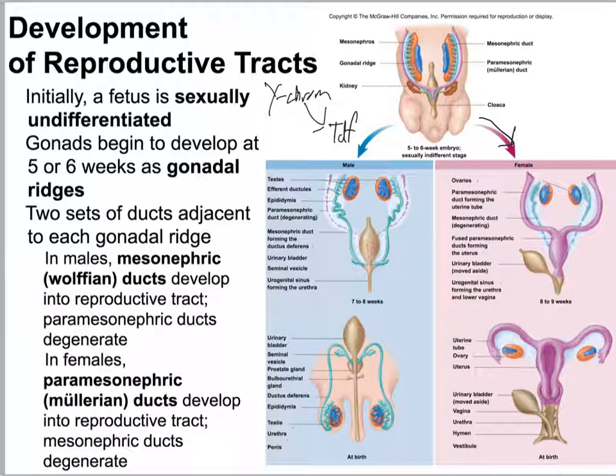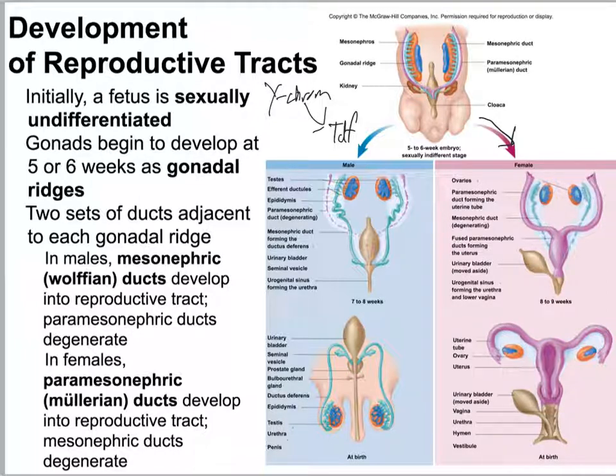But if you have testes determining factor, then your gonadal ridge will develop into testes, and your mesonephric duct will develop into the epididymis and vas deferens, and this area here will develop into the bladder.